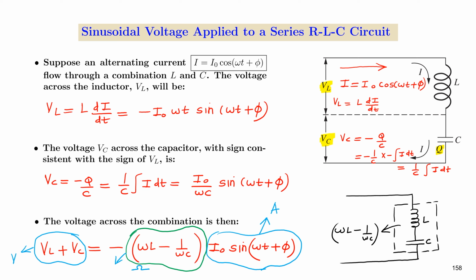Depending upon the value of L and C, this combination will work as an inductor or capacitor. For example, if omega L is greater than 1 by omega C, this will work as an inductor having an equivalent inductance of L dash. And if omega L is less than 1 by omega C, this combination will work as a capacitor having capacitance C dash, where omega C dash is as given.